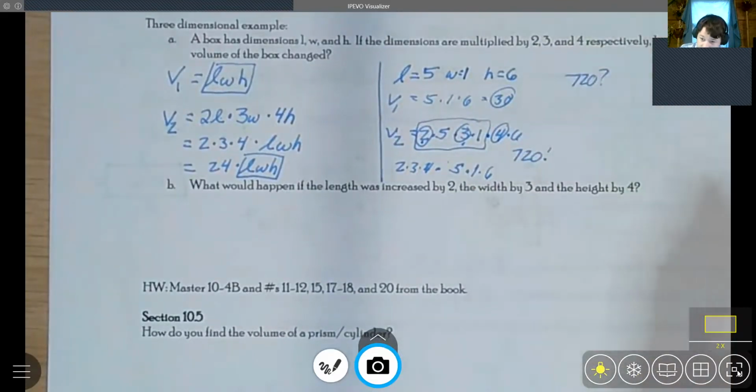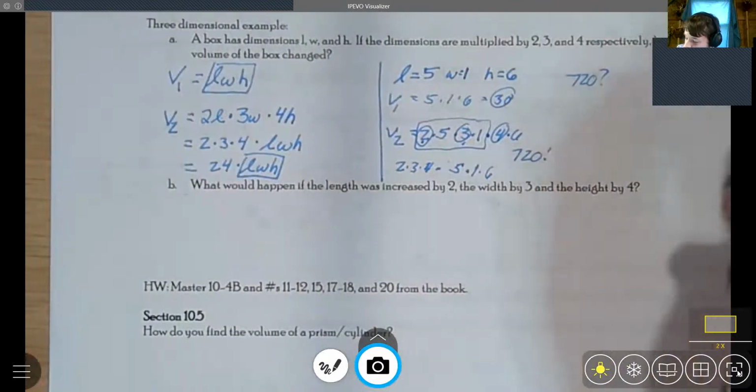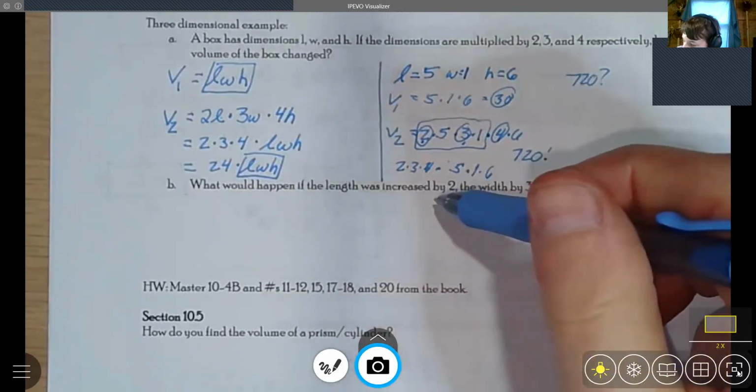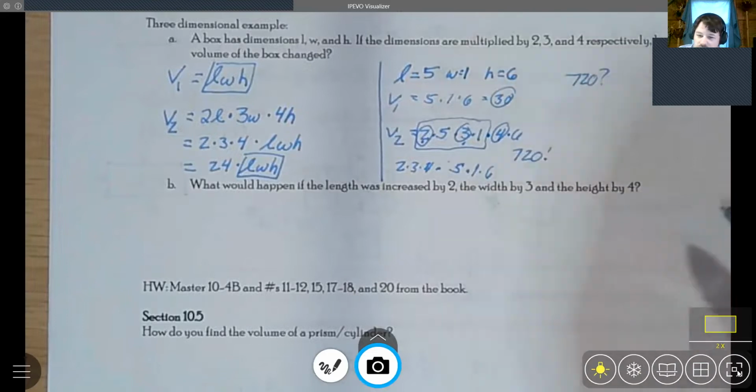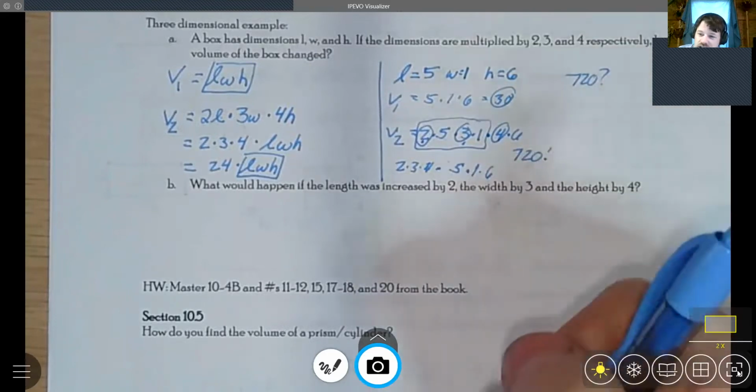Now the tricky part. You got to turn your algebra brain on maximum. What would happen if the length was increased by 2, the width by 3, and the height by 4? So this isn't multiplication anymore. This is addition.